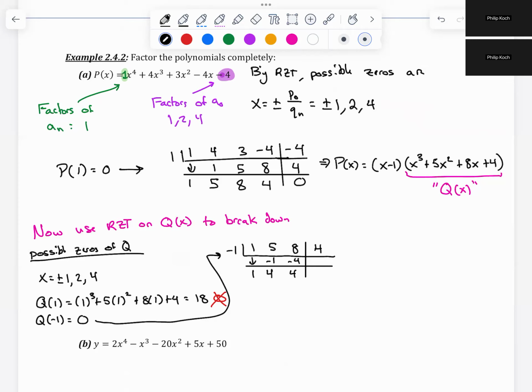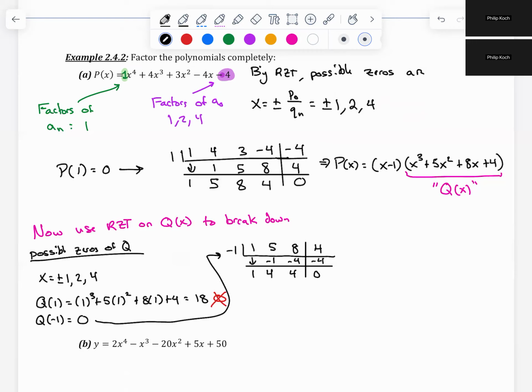That'll give me 4 plus -4, which gives me 0. Because I plugged in -1 into Q and I got 0, that means that x plus -1 is a factor, which means that if I synthetically divide, I should get a remainder of 0, which I did.